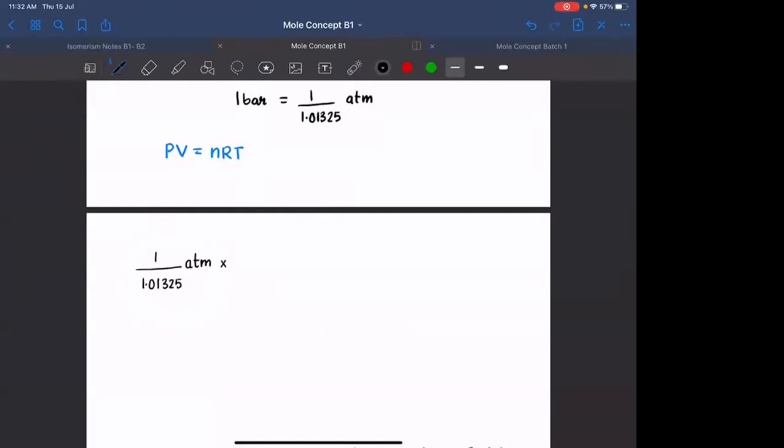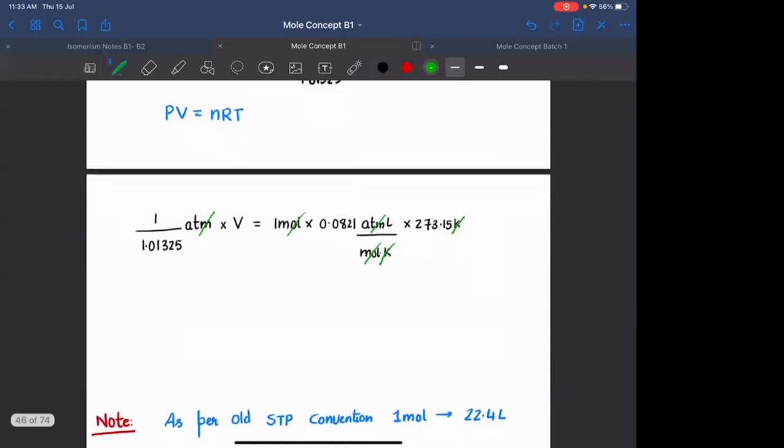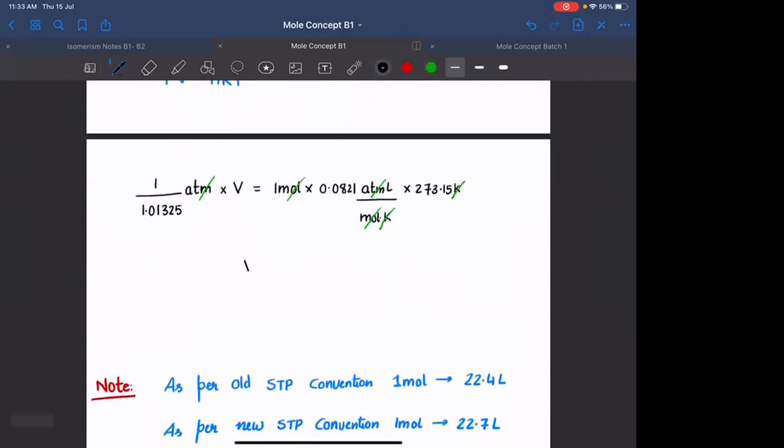The volume I need to calculate equals, again taking 1 mole, the value of R is 0.0821 atmosphere liter upon mole Kelvin, temperature is 273.15 Kelvin. Again, I can cancel out atmosphere on both sides, mole and mole, Kelvin and Kelvin. So you will finally have the volume in terms of liters.